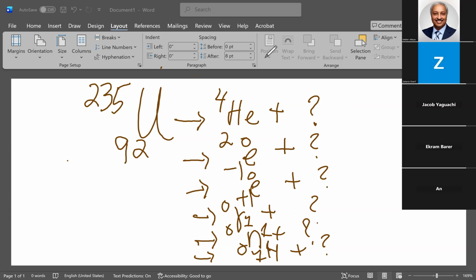So let's take the first one here, and I want to see what will be the element here. Let's put the element as X. Now, this X here, with the 4, the sum of atomic mass. You see the arrow here? All those arrows separate the reactants from the products, correct? The same as a chemical reaction.